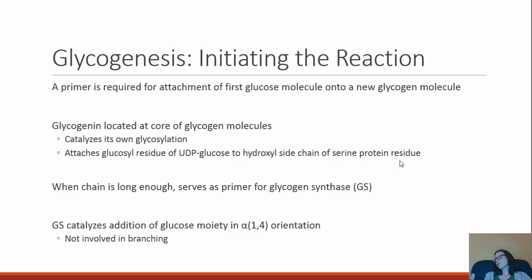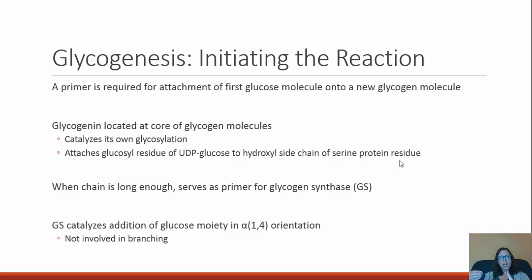And I've seen different proteins talked about for this reaction, either a serine or a tyrosine. But the important thing to remember is that it's a protein residue that catalyzes its own glycosylation and therefore is able to add these glucose molecules on to form this kind of primer for the glycogen molecule.